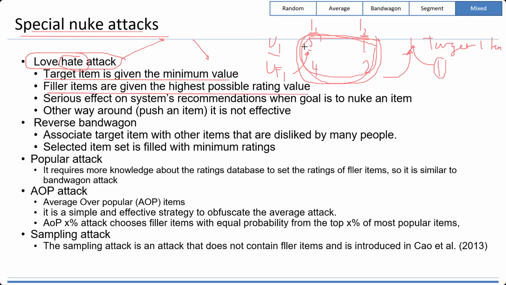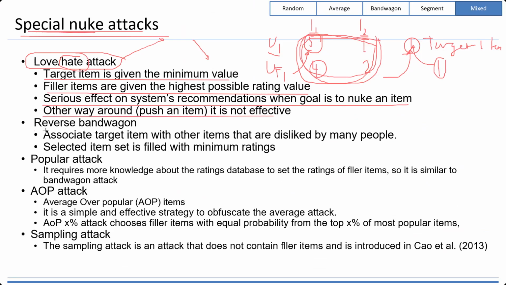The filler items, yeah, we will give the high rating values. This has a serious effect on the recommendation system when the goal is to nuke an item. So if you want to nuke an item, this is a very good way to do the attack. The other way around, pushing an item, is not effective. So it's not good if you want to make a recommender system with the high value. But this is very good for the special nuke.